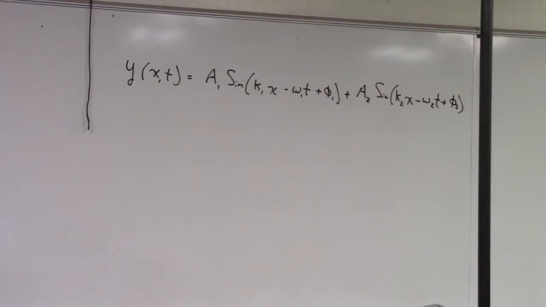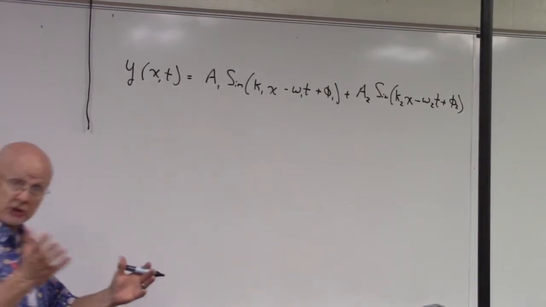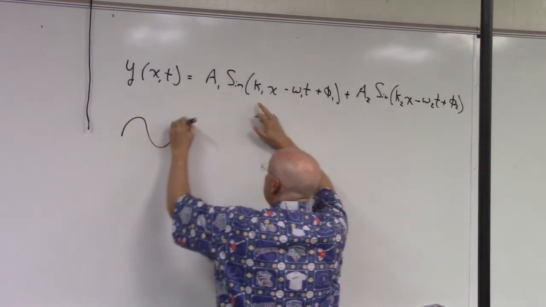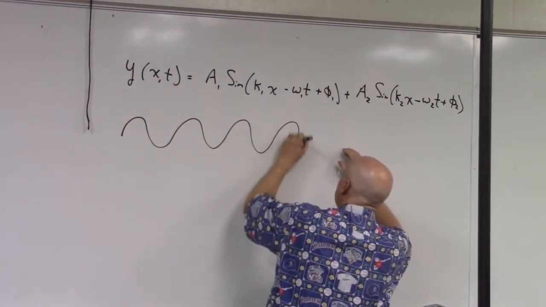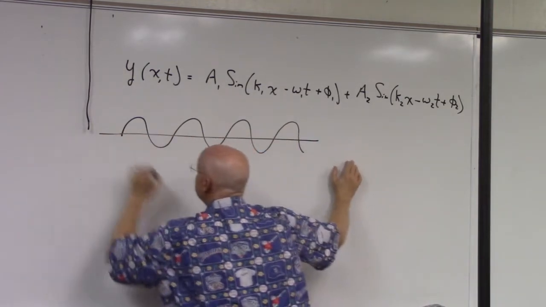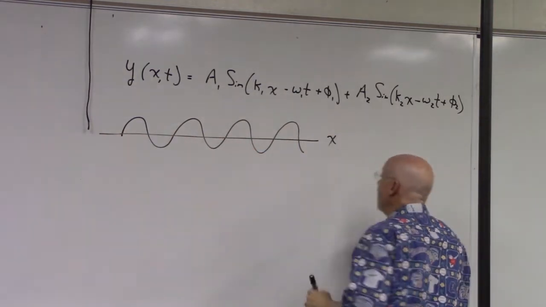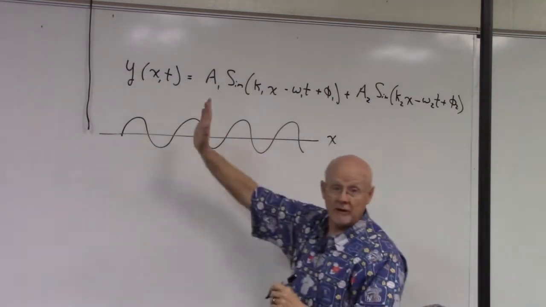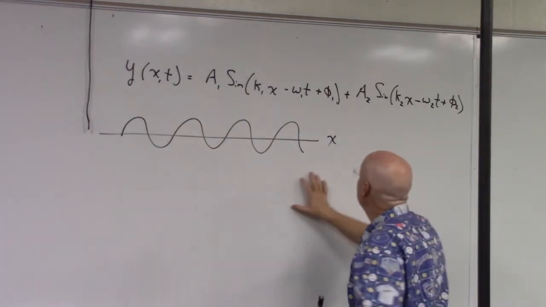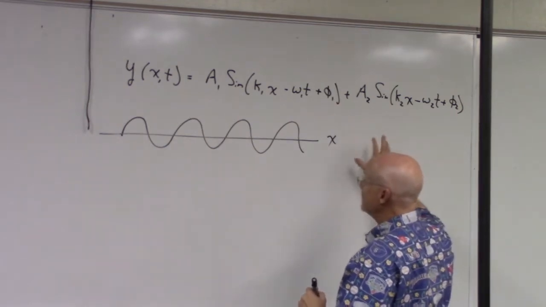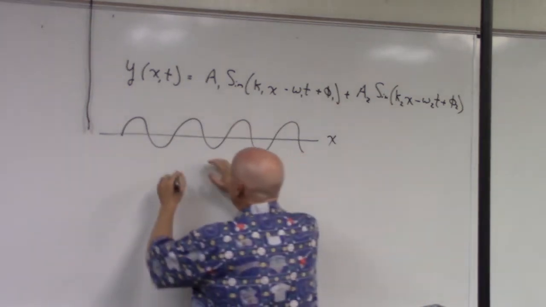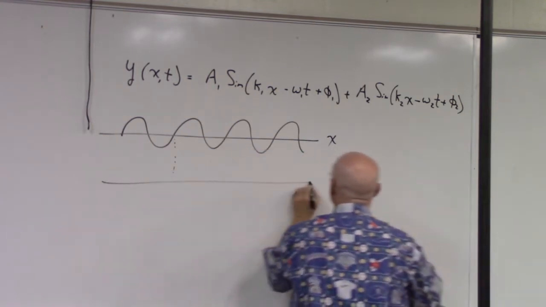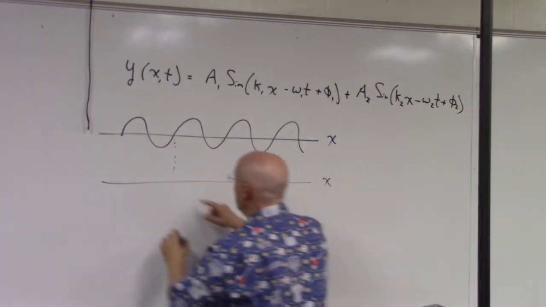Now, in a picture form, maybe it would look something like this. Maybe the first wave looks something like this. And so I'll just say this is the x-axis. And I won't even worry about the phase, so I won't even draw the vertical axis. Okay. And then maybe the second wave is twice as long in terms of wavelength.